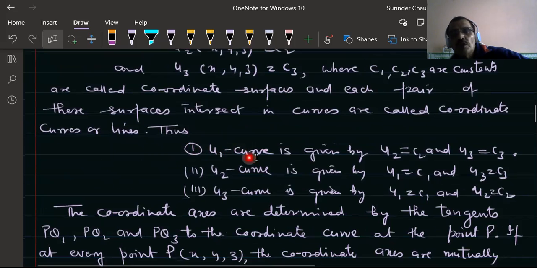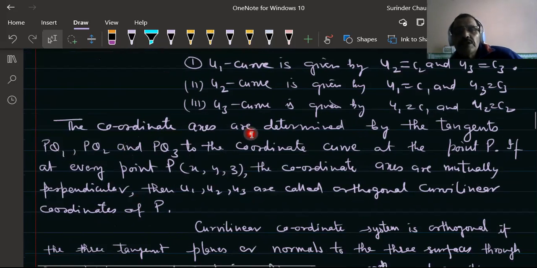Thus the u1 curve is given by u2 of x, y, z equal to c2 and u3 of x, y, z equal to c3. And the u2 curve is given by u1 and u3, and the u3 curve by u1 and u2.